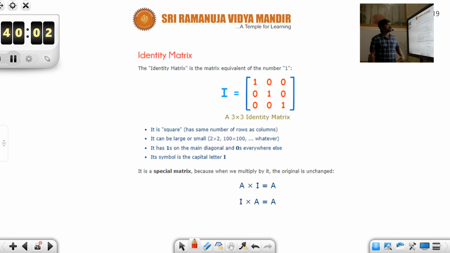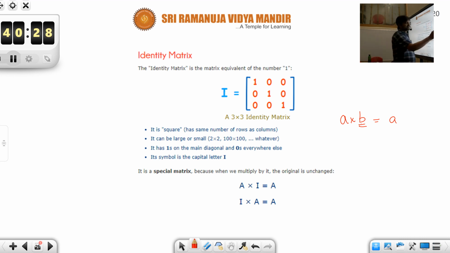And then guys, when it comes to a real number system, there is a unique number which, when multiplied by any number, results in the same number. So can you tell me one number in the real number system such that when you multiply this number b with any number a, it will give you the same number a itself?